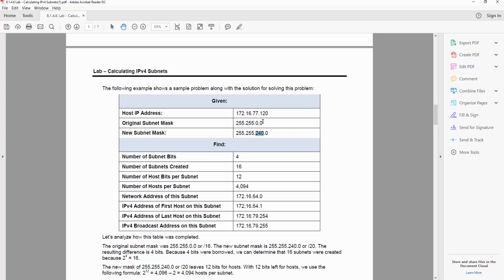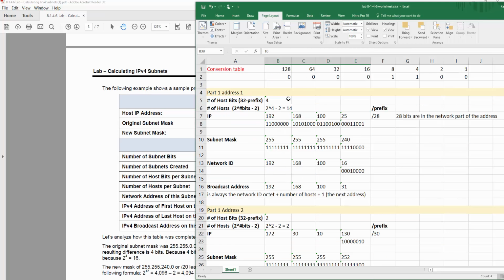How many bits are we borrowing from that? Well, you just calculate how many bits from this 240. So we had 8 bits that were part of our host, and then 240, looking at this table, is 128, and then you add another bit and another bit and another bit till you get to your 240.